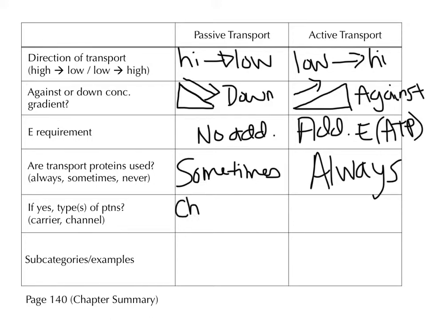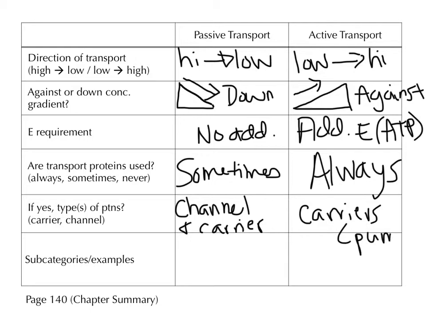So channel proteins and carrier proteins can be involved in passive transport, facilitated diffusion. In active transport, it's only carriers, which we sometimes call pumps. It can't be channels, because channels are just corridors through which solutes pass, so this would be the channel, and so that can't go against the gradient because it's just flowing.